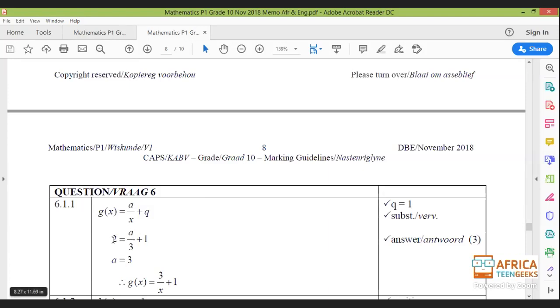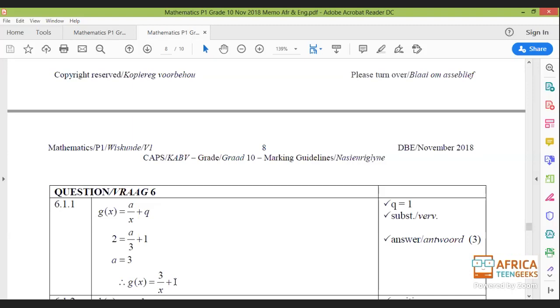So 2 was your y coordinate, and 3 was your x coordinate. Therefore, you must solve for a. How do you solve for a here? When you multiply by 3 throughout, you'll get a equals 3. You should know how to solve for a by now. Therefore, g of x equals 3 over x plus 1.